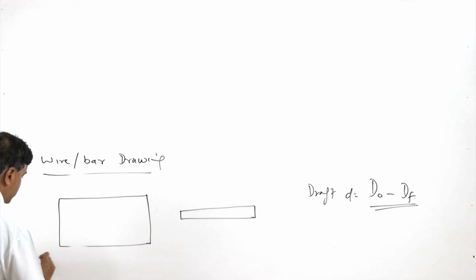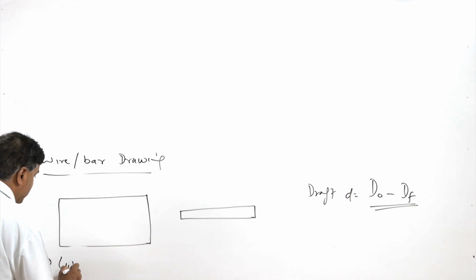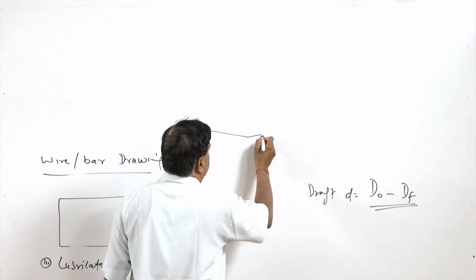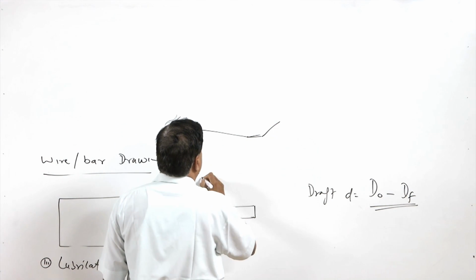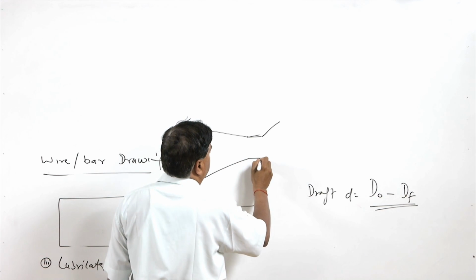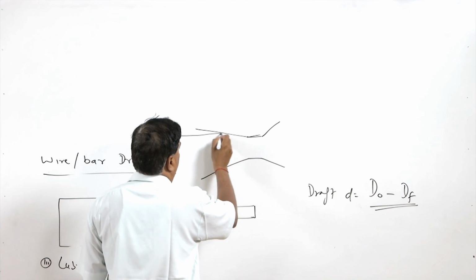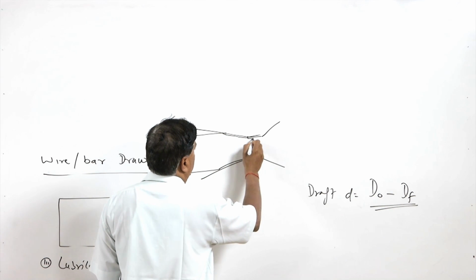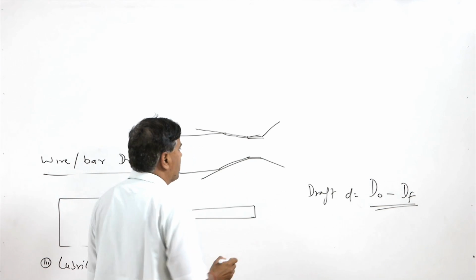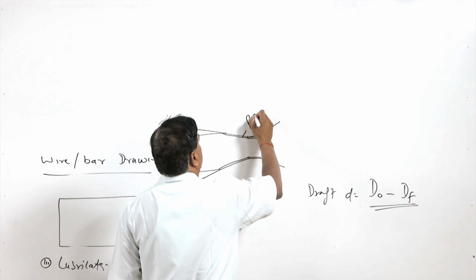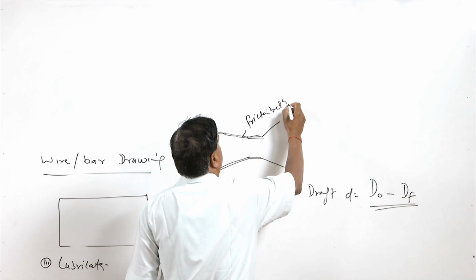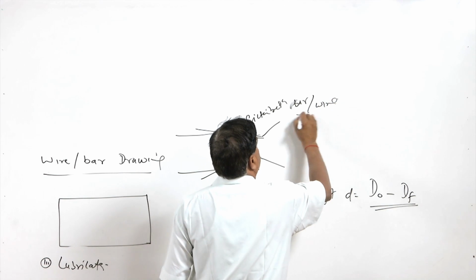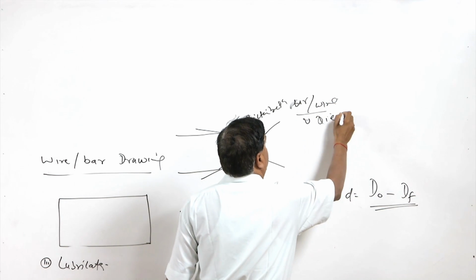And the third thing which is used is lubrication. We know that because of the reduction in cross section in the die and the relative movement of the wire or bar moving through the die, a lot of relative movement under pressure will lead to friction between the bar or wire being drawn and the die internal surface.